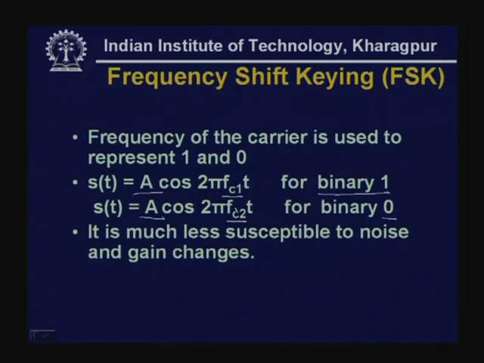That is why the ASK signal is susceptible to noise and gain changes of the amplifier circuit. But whenever we are using frequency shift keying, it is much less susceptible to noise and gain changes, because we are sending two different frequencies, and obviously because of noise the frequencies cannot get changed, and those two frequencies can be very easily detected at the other end.